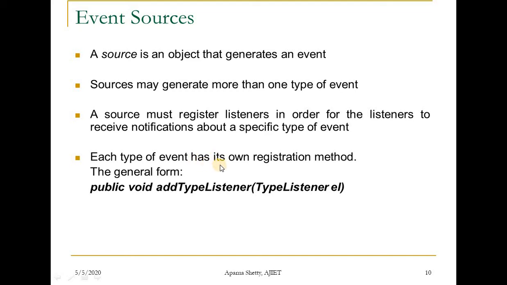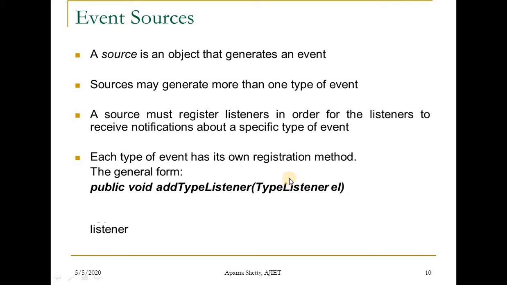Each type of event has its own registration method. The general form of that method is public void add<Type>Listener, with the parameter el, which is an object of type Listener.